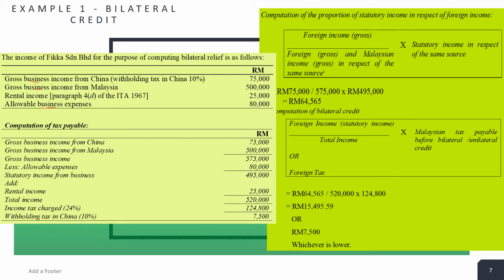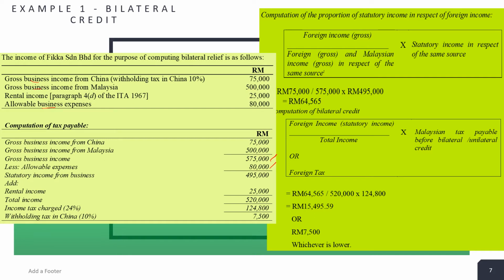Take the business income first, because business income comes under section 4A. The total gross business income here is 575,000. Because the question does not split the allowable expenses between Malaysia and China, we just deduct a lump sum here and we get the adjusted income.